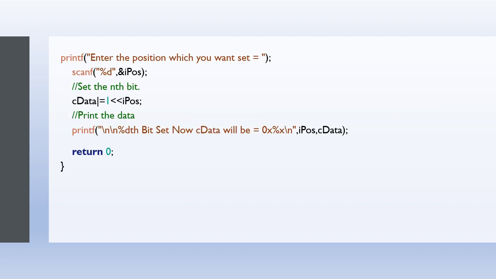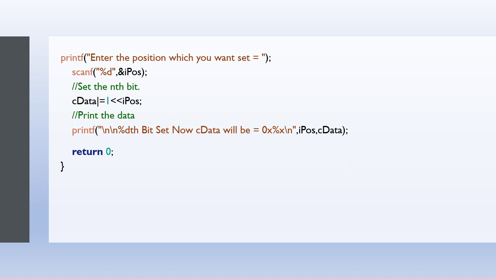And then c_data |= 1 << i_position, and print the data with printf "\n\n %dth bit set.